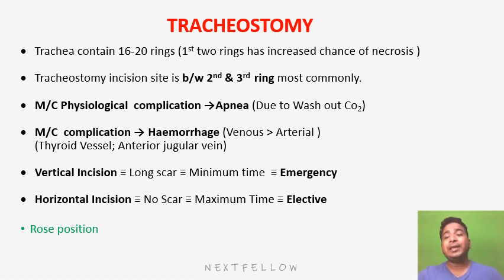Rose position is also used in surgeries like tonsillectomy and adenoidectomy. But we have to take care with this position in any trauma patient, because if there is some spinal injury at the cervical level or elsewhere, we have to look out for that first. If you extend the neck and there is a vertebral fracture, there will be chances of injury to the spinal cord or the nerves.